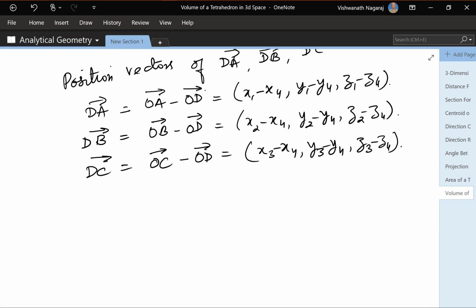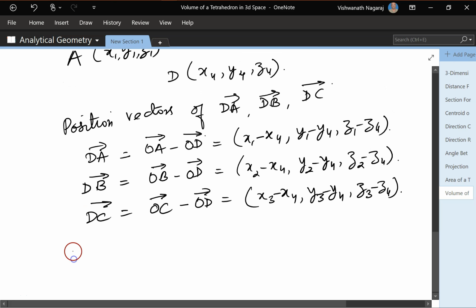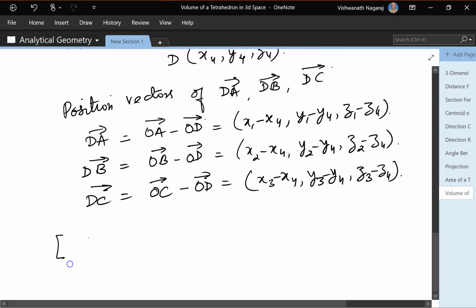Now, as per one of the identities of the scalar triple product, DA, DB, DC can be evaluated using the determinant.